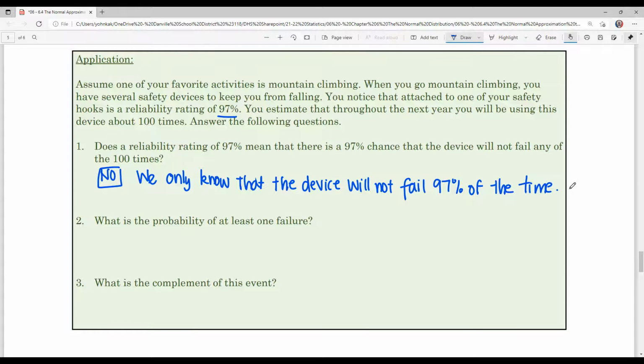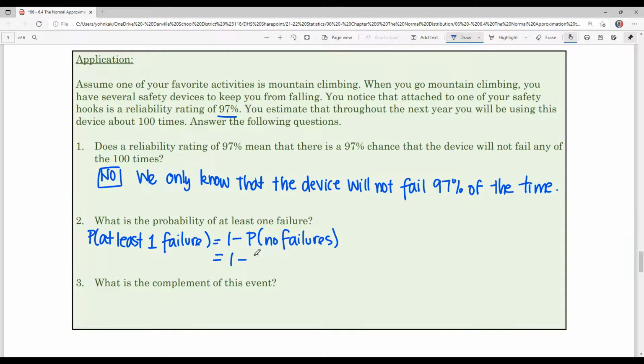Okay, so the next question, number 2, says, what is the probability of at least one failure? So remember, if we want the probability of at least one failure, we can do 1 minus the probability of no failures. Now remember, each of the trials is independent of the other ones.